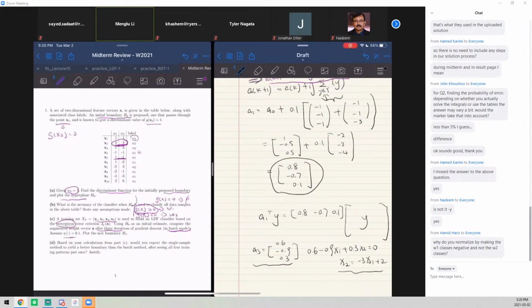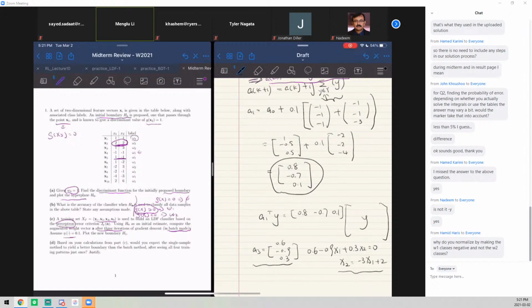Both methods do the same thing, because both visit the sample points just once. Therefore, the boundary from both methods will have the same quality, because each method visits each sample once.